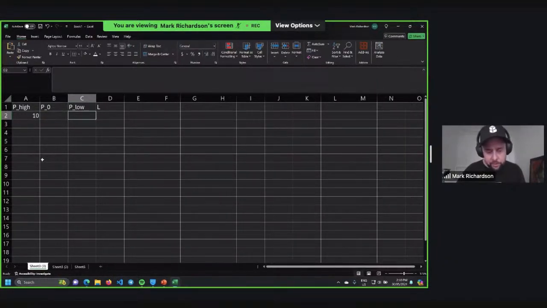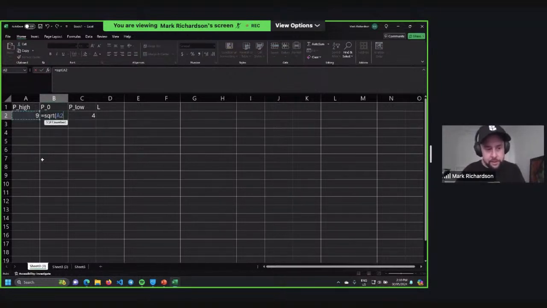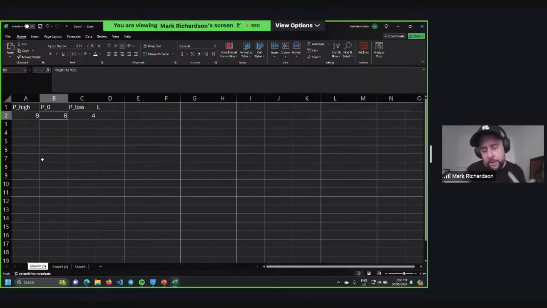P low can be, let's use a geometric sequence. And remember, P0 is always the square root of the product of these 2 things. So, in some sense, 6 is halfway between 9 and 4, but it's halfway between 9 and 4 in a multiplicative way rather than an additive way.